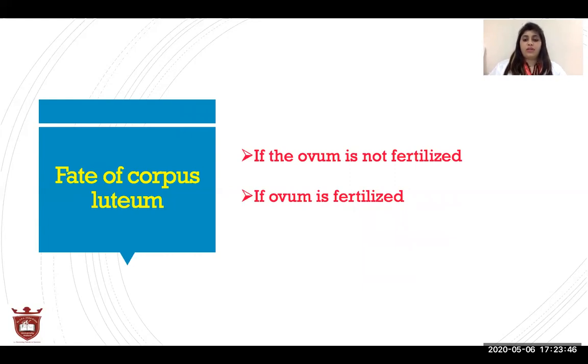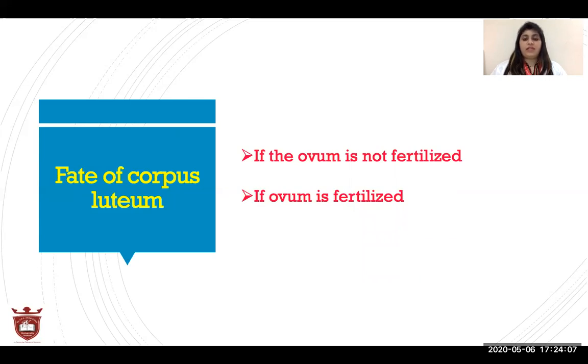If the ovum is not fertilized, the level of estrogen decreases, the level of progesterone increases, and the endometrium is ready for implantation.